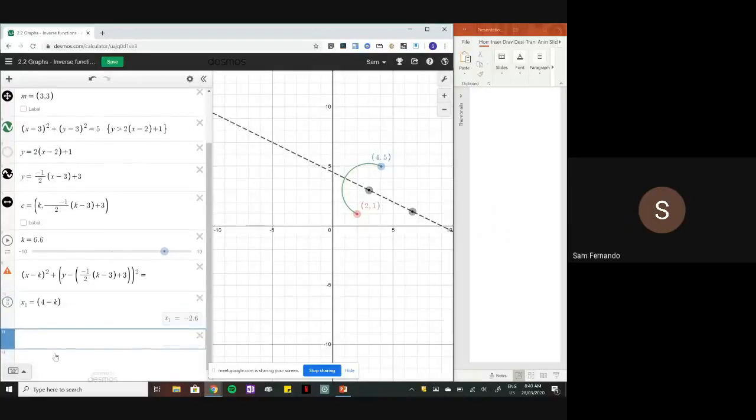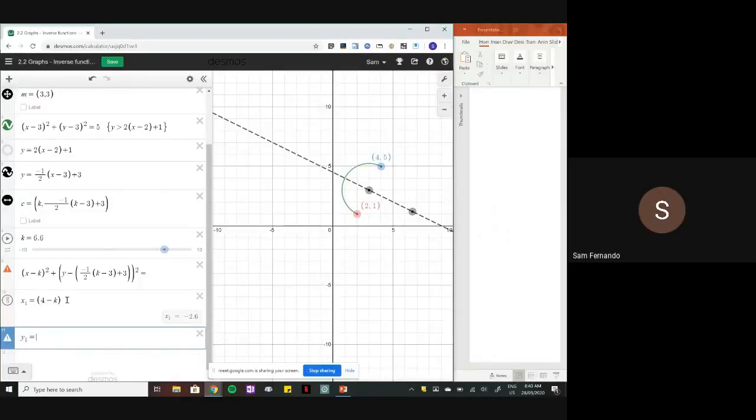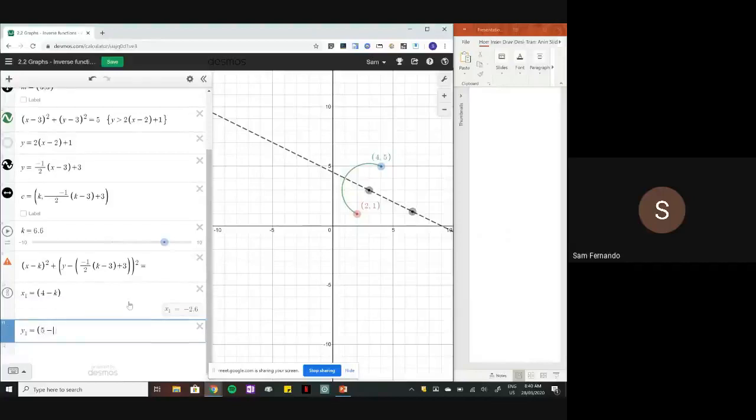We'll come out positive either way. And our Y value, the distance, is going to be 5 minus the Y coordinate of this point. We already know the Y coordinate of that point.